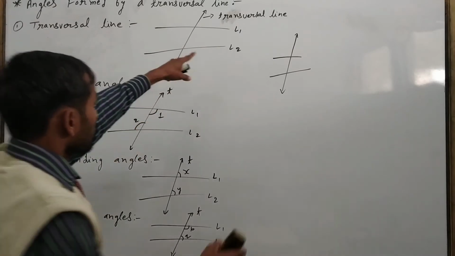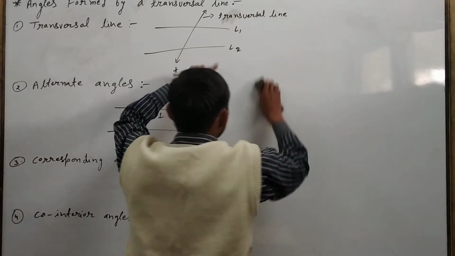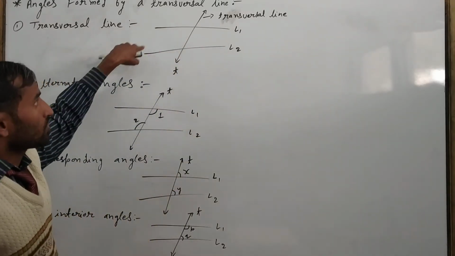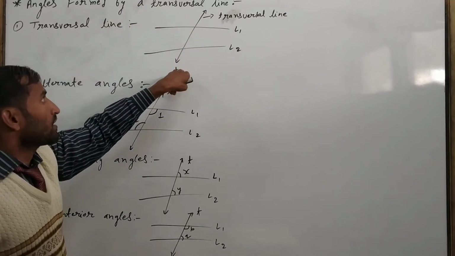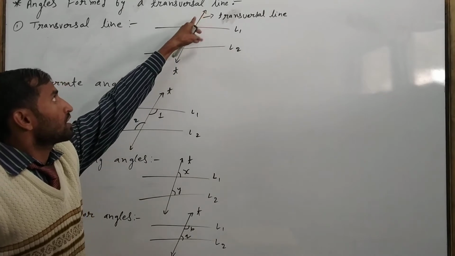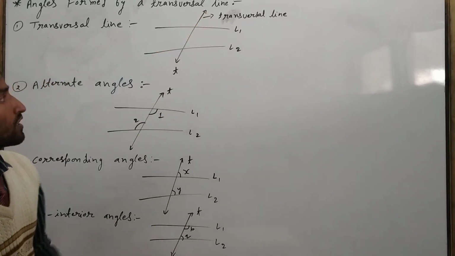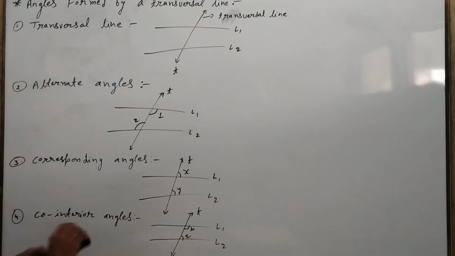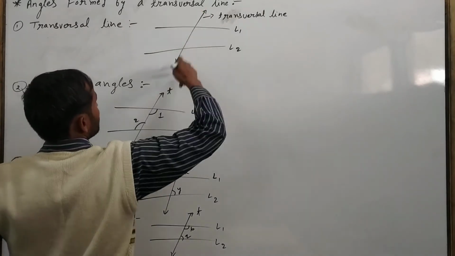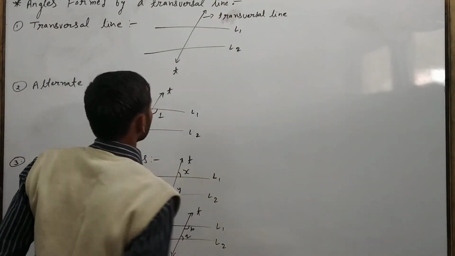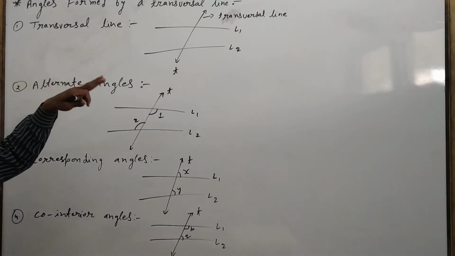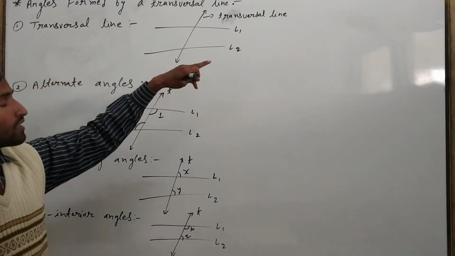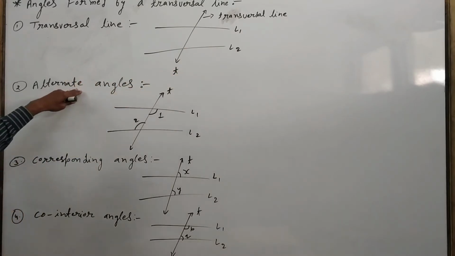So just you see here, in lines L1 and L2, it is not compulsory that they are parallel, but one line T intersects both at this point and this point. So this line is called the transversal line. After that, if a transversal line intersects two lines, then it forms three types of angles.